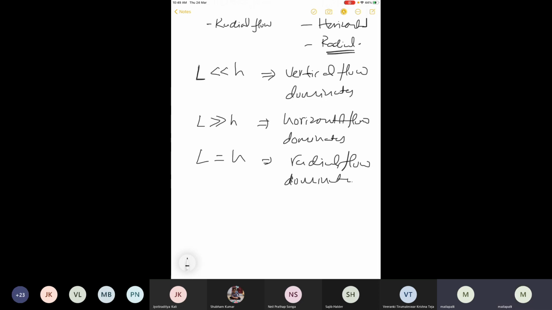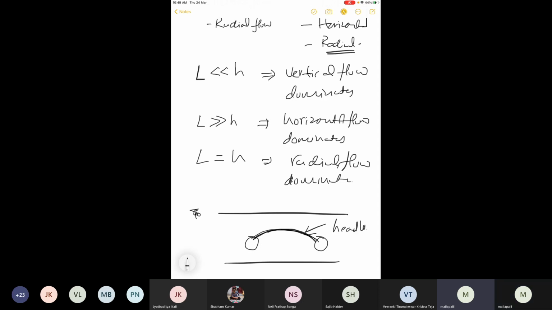Okay, so the total head loss in this sense, if you see this, this is the shape. Whatever shape you're getting, this is the head loss. The total head loss comprises four head losses.